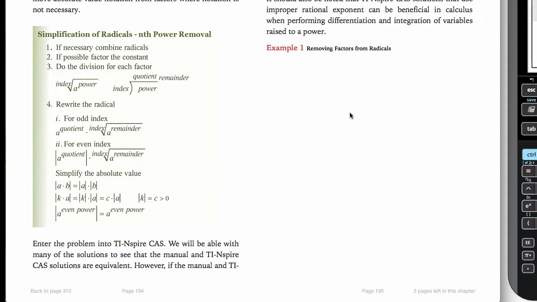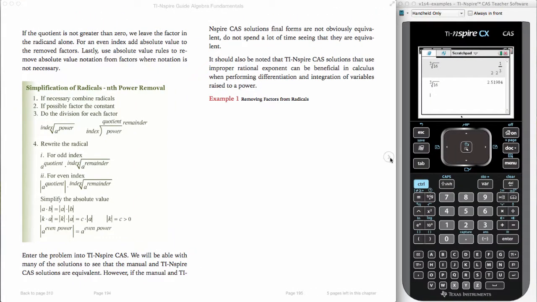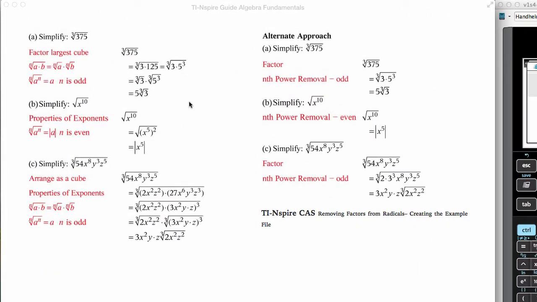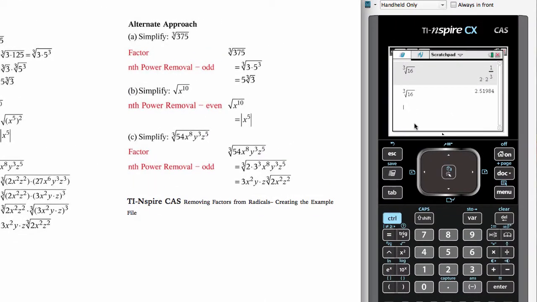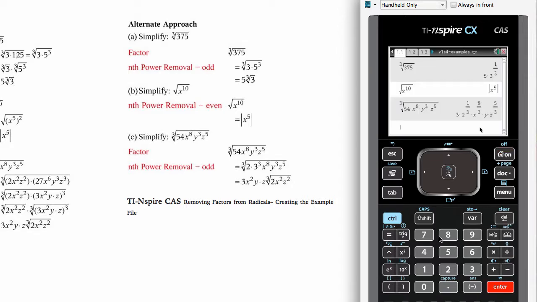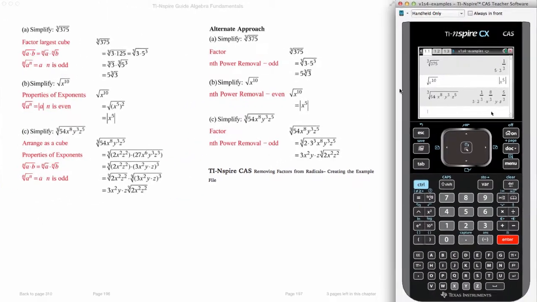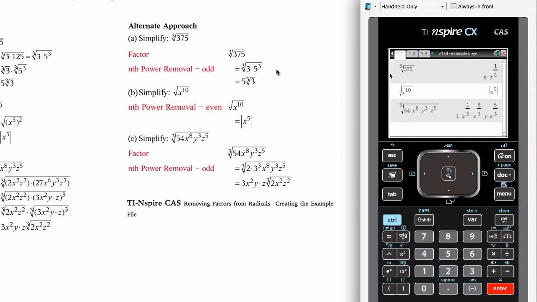Okay, next let's take a look at example 1. If we flip over here, we see example 1 worked out by 2 techniques. If we go over to our calculator, we can hit our home key, we can hit our current, which is enter, and we see that we have these problems worked out over here on our calculator.